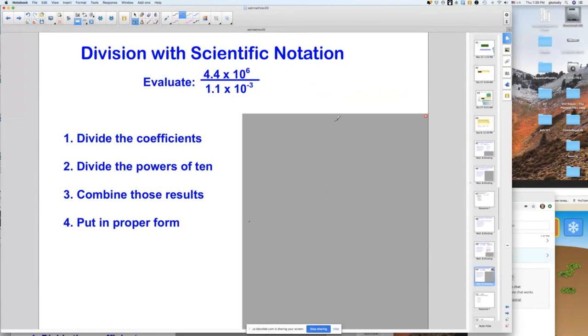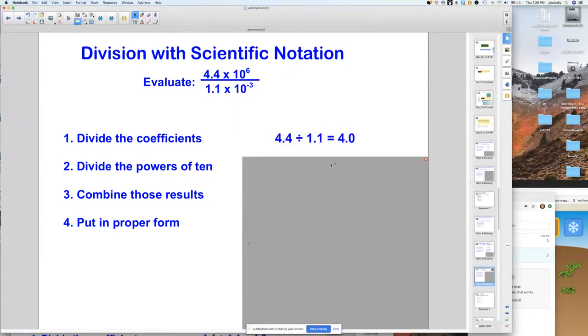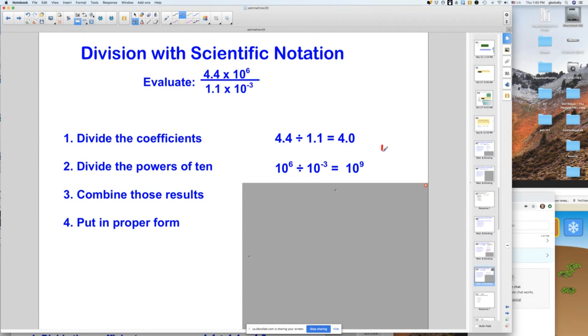So again, one more example here. You can watch this in the video if this is too fast for you. I don't think so. 4.4 divided by 1.1. And 10 to the 6 divided by, so this one's a little tricky, 10 to the 6 divided by 10 to the minus 3. So what's the power of 10? Well, it's the top, which is 6, minus the bottom, but it's minus a minus 3.